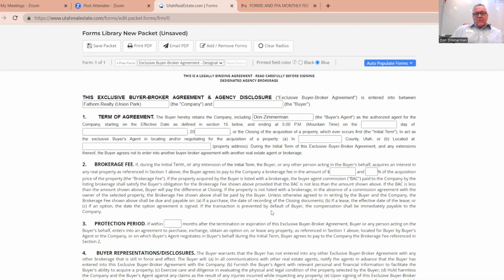If the transaction is prevented by default of the buyer, the compensation shall be immediately payable to the company. So if the buyer just backs out, you actually could go after them for the commission, but we never do that. We don't want to become known as a company that goes after people to force them to pay a commission. So I always take a soft sell on that.